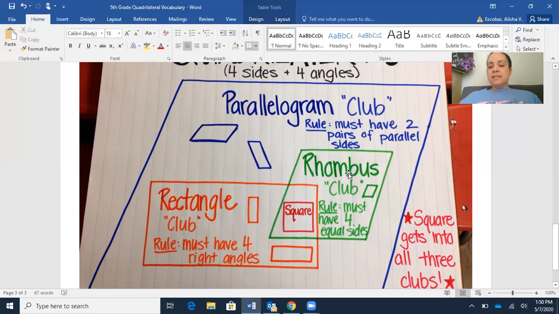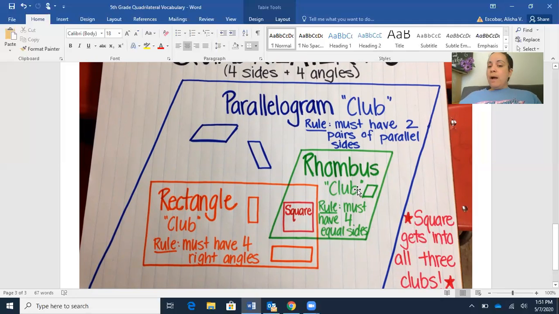All right, let's last look at the rhombus club. In the rhombus club, you must have four equal sides. So this rhombus, this side is congruent, this side is congruent, this side is congruent. It's just like a square, except the square gets into all three clubs.